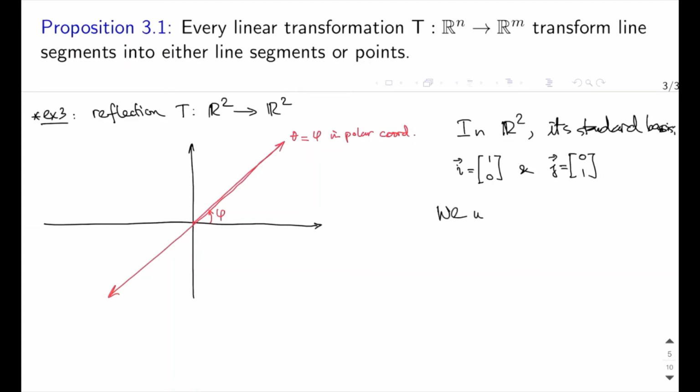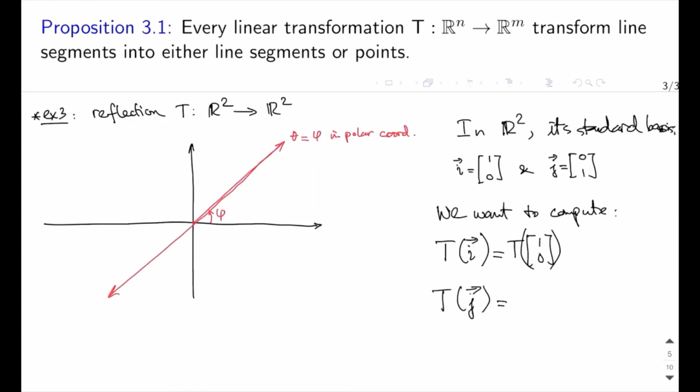We want to compute T of vector i, which is T of (1, 0), see what it is, and then compute T of vector j, which is T of (0, 1), see what it is, and then arrange them into the columns for the matrix representation. Now let's work on this one first.